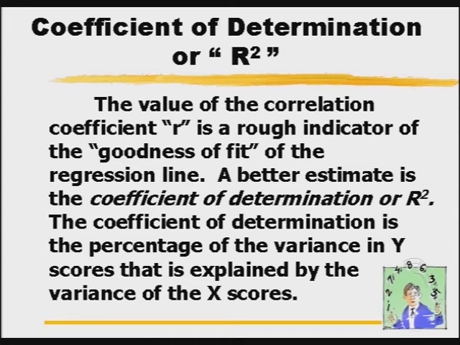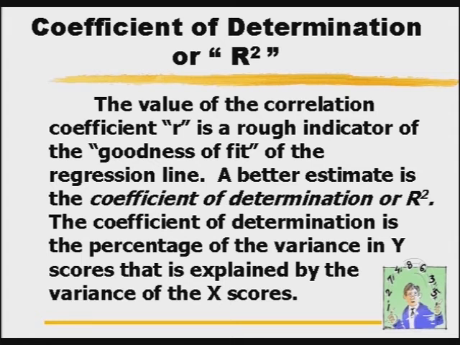One of the most important pieces of information that you will get from the regression equation, which allows you to determine the strength of the relationship between the x variable and the y variable, is what they call the coefficient of determination, or the R square.